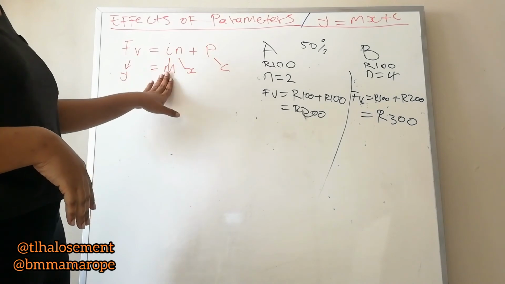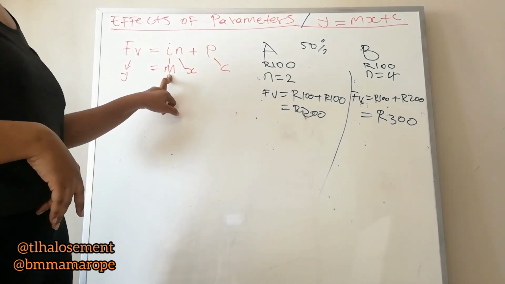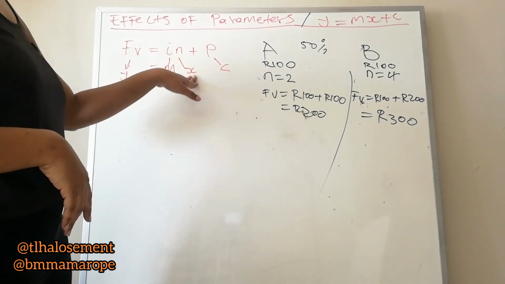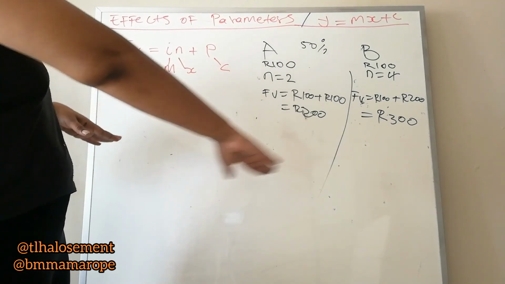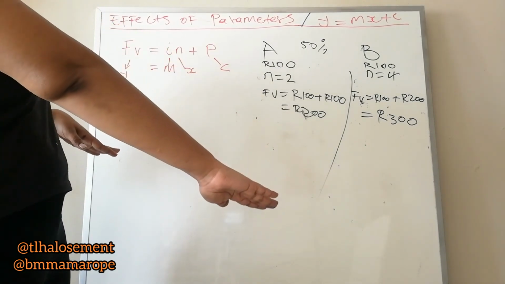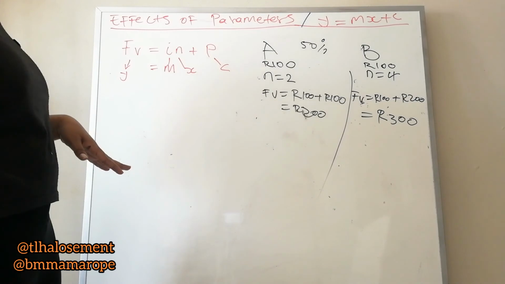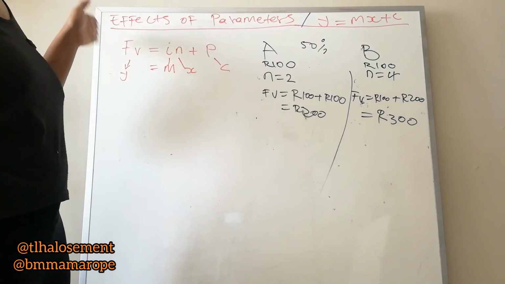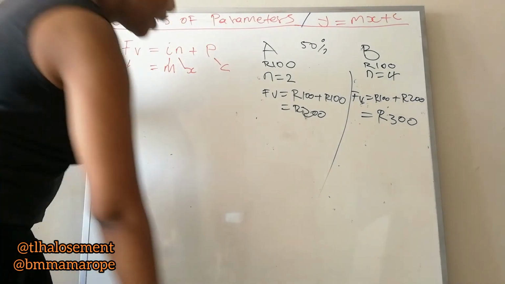So gradient is represented by your I in this formula, and X, which is the amount. You saw I was even drawing N on the X-axis, right? And I was drawing the future value, which is the money that you're getting, on the Y-axis.